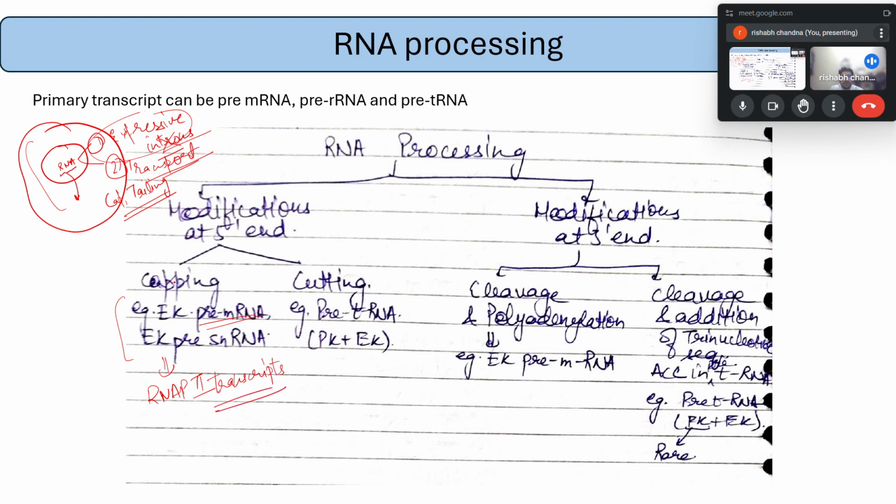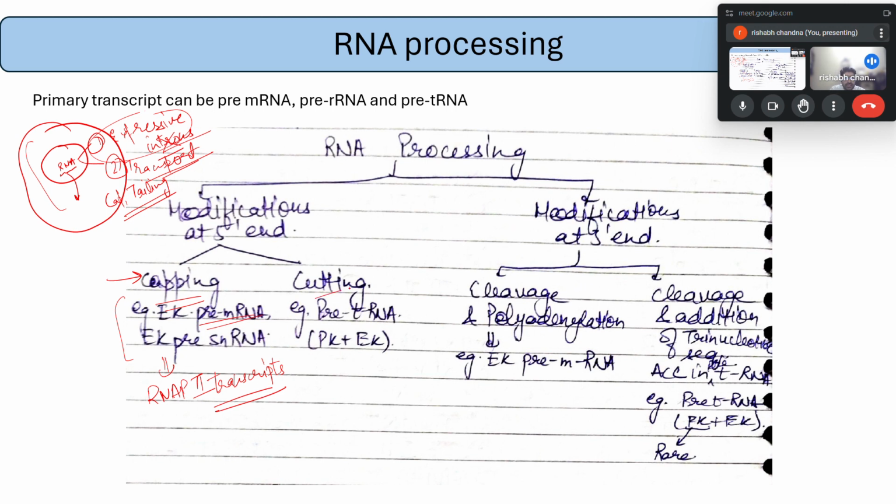No other transcripts have this cap, and capping is due to the recruitment of enzymes by the C-terminal domain of RNA polymerase 2. This has been seen in various researches. Capping is not found in rRNAs because they are transcribed by RNA polymerase 1, and similarly not in tRNA, which is transcribed by RNA polymerase 3. So it is a feature of only RNA polymerase 2 transcripts.